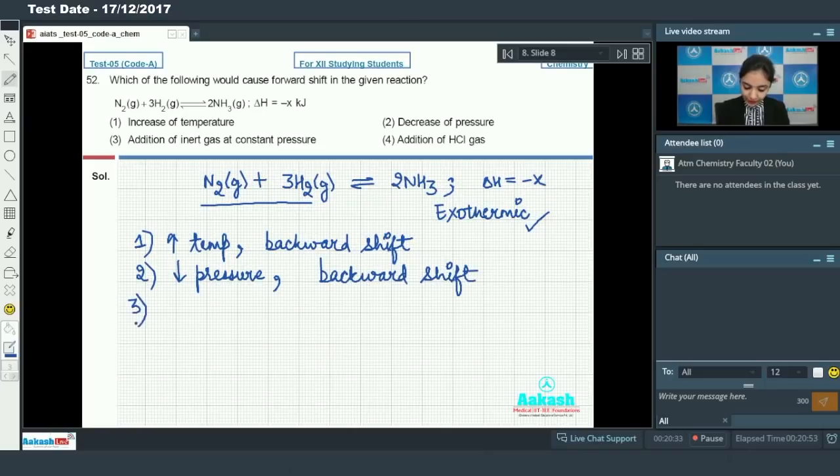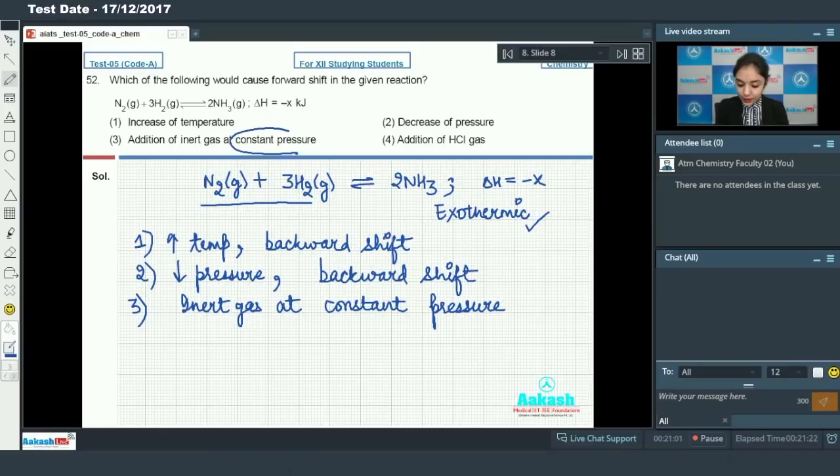And now we are adding the inert gas like helium at constant pressure. Whenever you come across the addition of inert gas, always see whether it is given at constant pressure or constant volume.